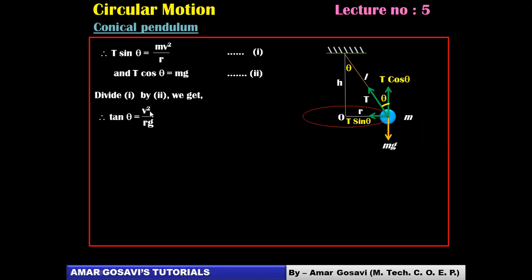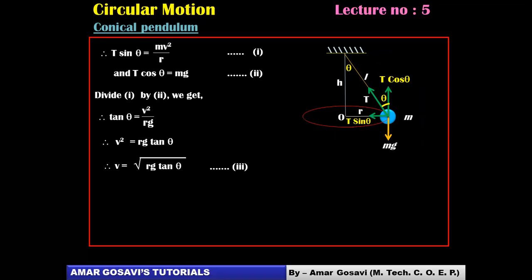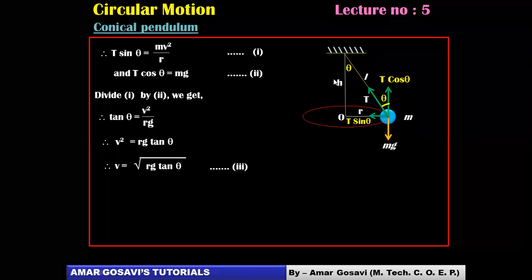So from this we get the equation for the linear speed. Shuffle everything in terms of v square. So you get v square as rg tan theta, and when you take the square root of it, the equation for the linear speed of this bob is root of rg tan theta. So it will be dependent on the radius, acceleration due to gravity, and this angle theta over here.